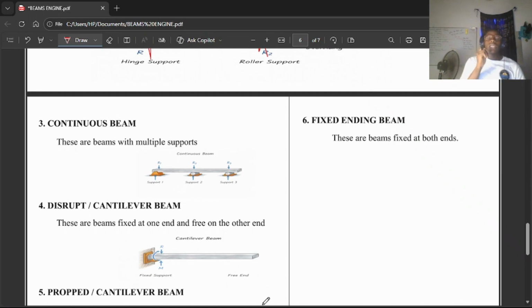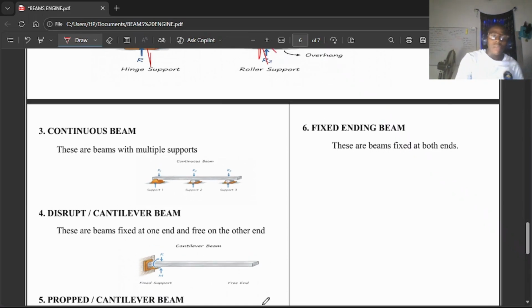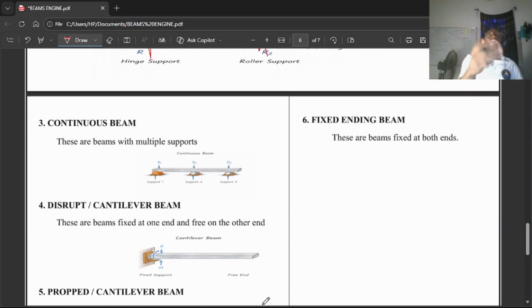Now, the next type of beam we need to consider is the distal cantilever beam. Sometimes students confuse the distal cantilever beam and the propped cantilever beam. Let's consider what a distal cantilever beam is.